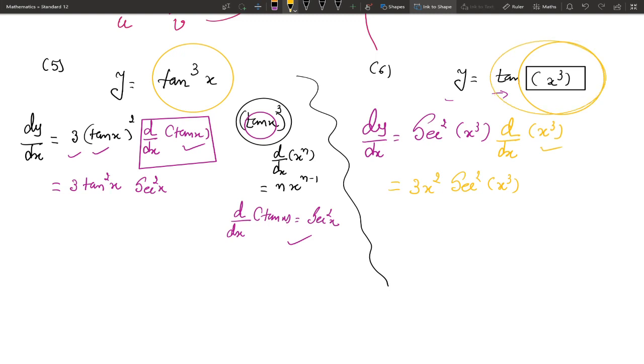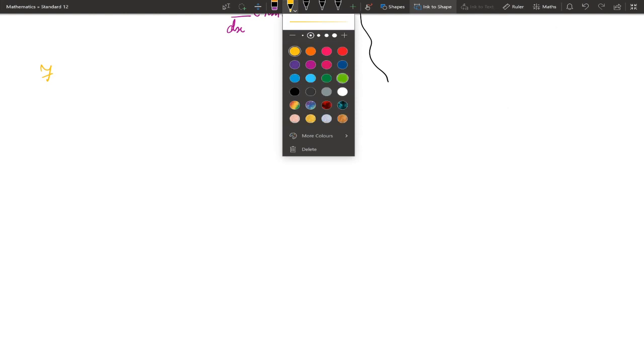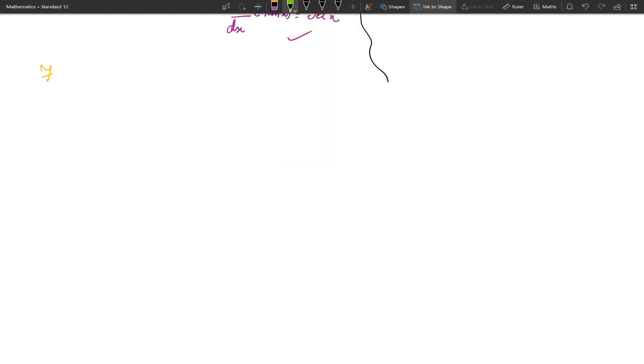We take another example, example 7. So only by practice we will learn this chain rule.